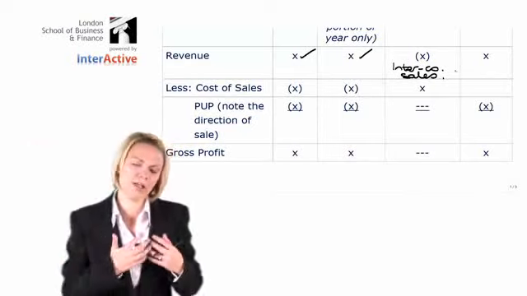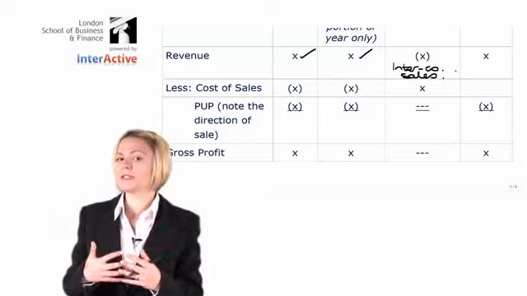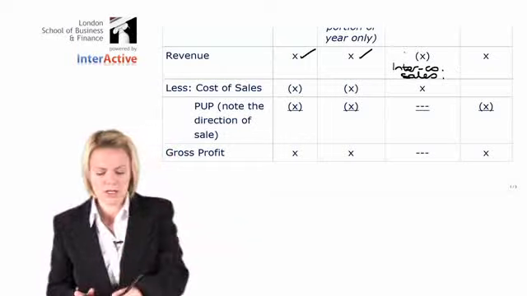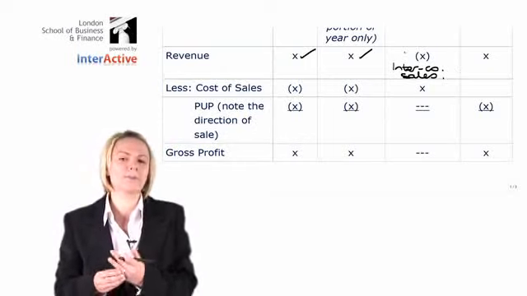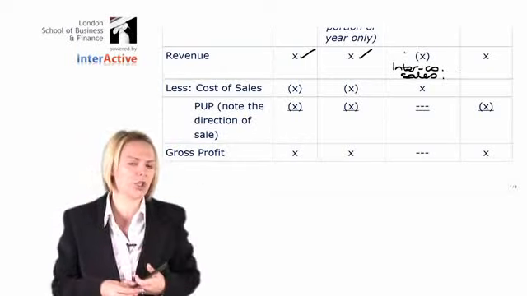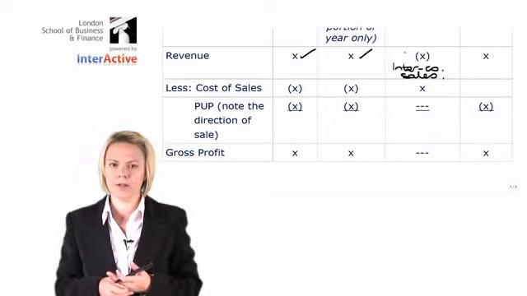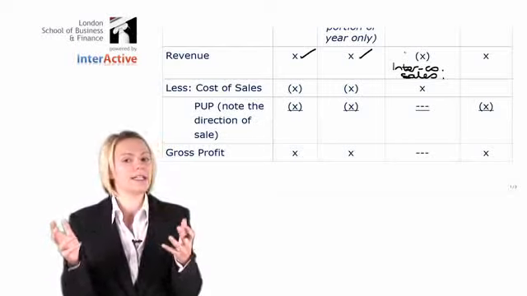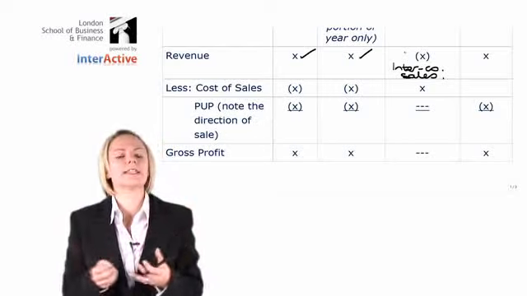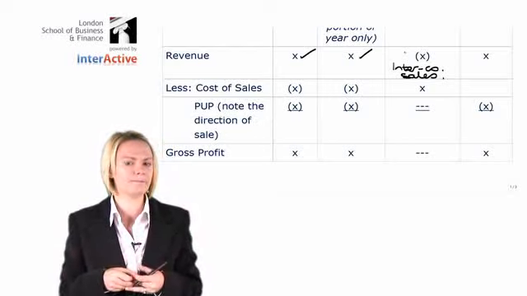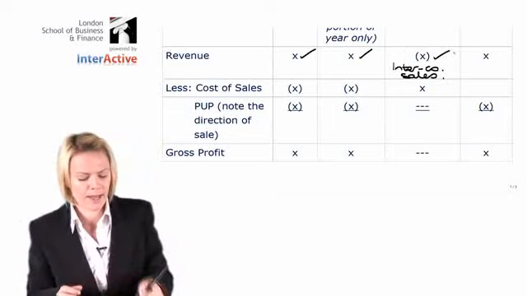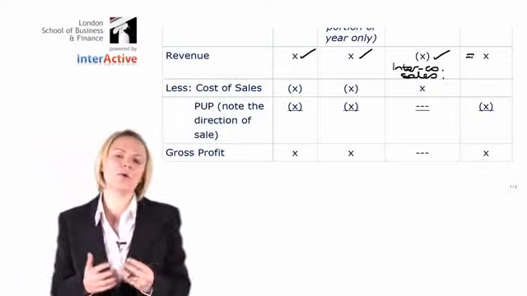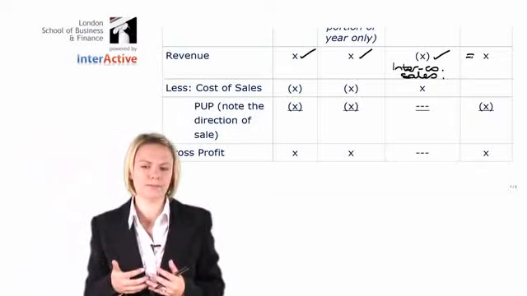Okay, so if it's included in the parent's or the subsidiary's revenue, whether parent sells to sub or sub sells to parent, we're going to minus any intercompany sales in the post-acquisition portion of the year. Okay, from the group, the single entity perspective, it doesn't exist. So we must cancel it out on consolidation. So we take parent plus sub minus intercompany, and that's going to equal group sales revenue.